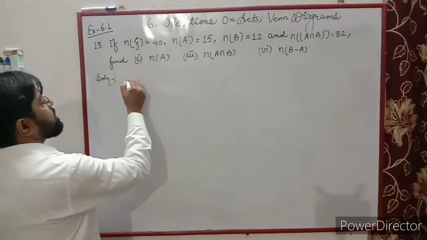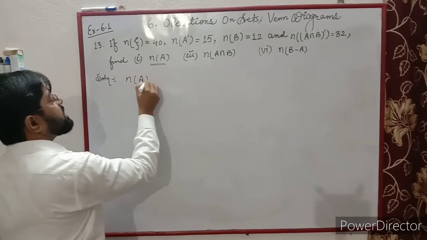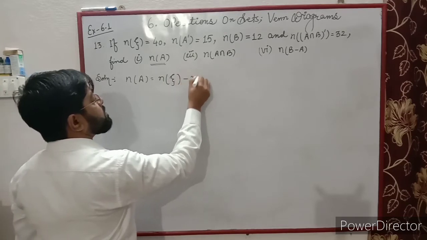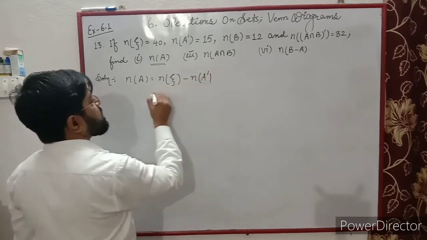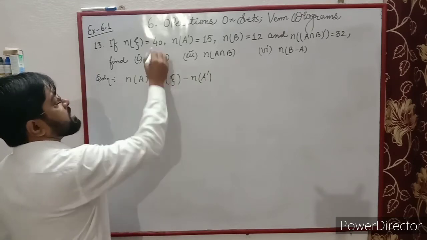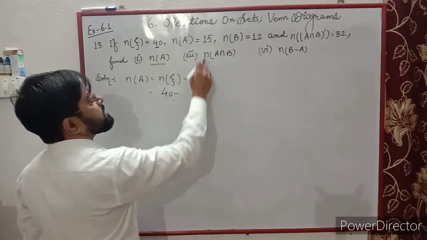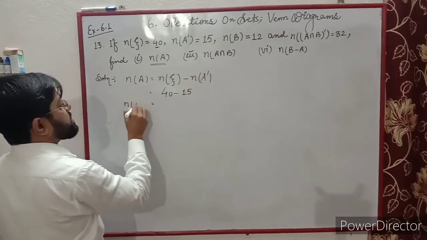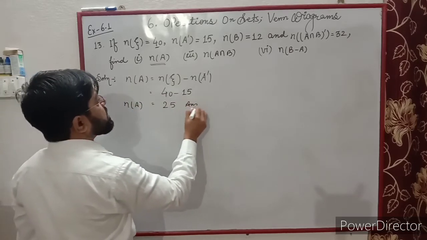So first of all, we have to find n(A). So n(A) is equal to n(U) minus n(A complement). So n(U) is given 40 minus n(A complement) is 15. So we have n(A) is equal to 25. That is the first answer.